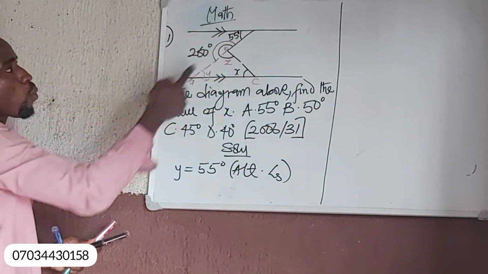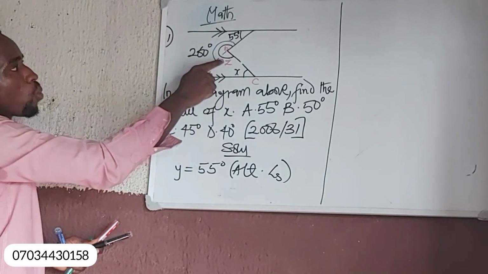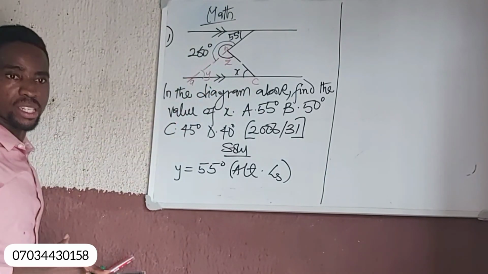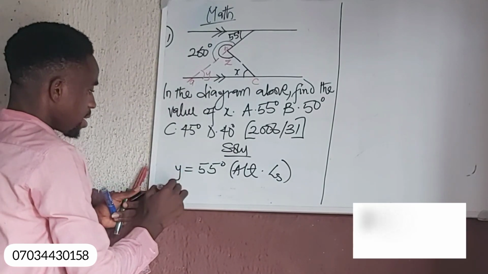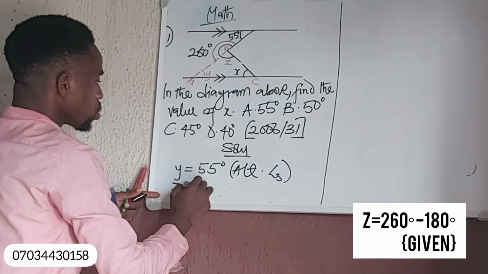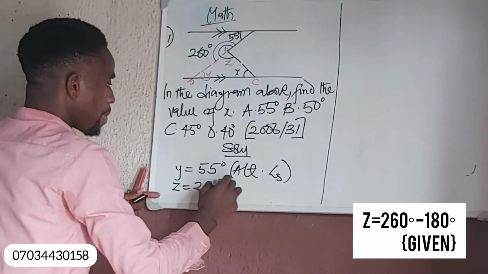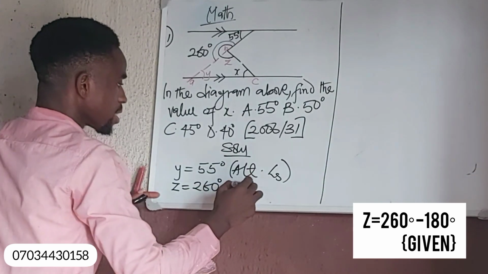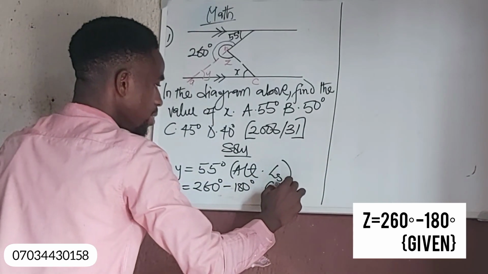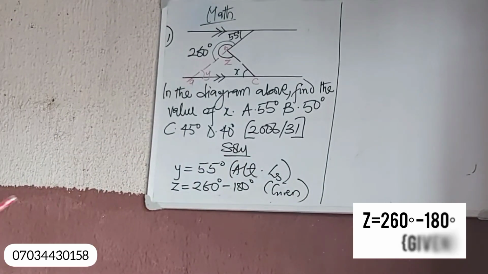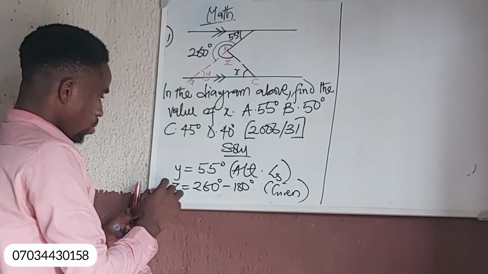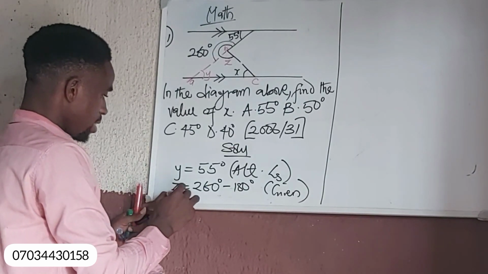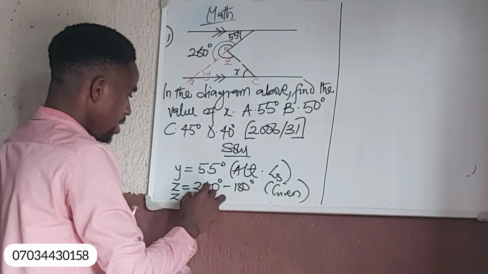So if I cut off 180 from 260, what is left will be my angle Z. So Z is equal to 260 degrees minus 180 degrees, and 260 minus 180 gives us Z is 80 degrees.